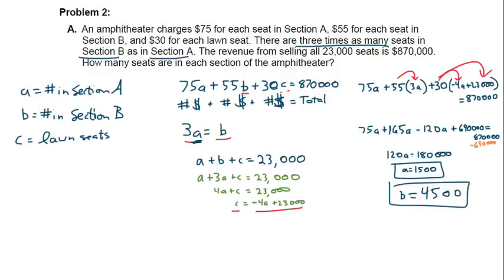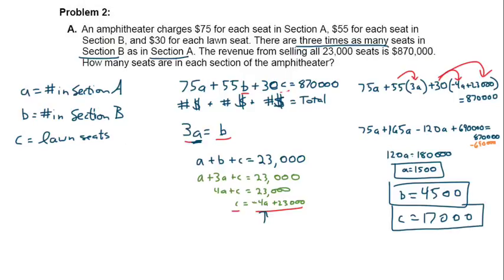Okay? And if I add them all up, I get C, which I get 23,000. Or I can just stick it right there. So, negative 4 times 1,500 plus 23,000 equals 17,000. C equals 17,000. There's a lot of lawn seats.